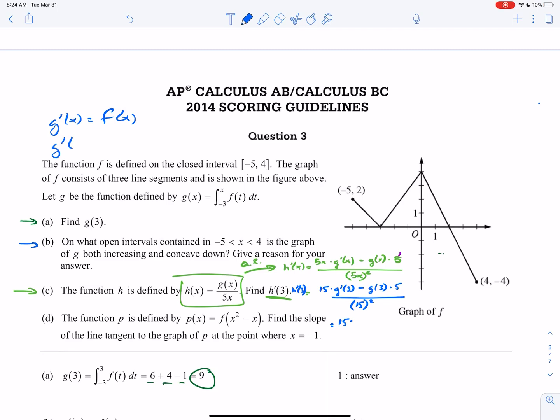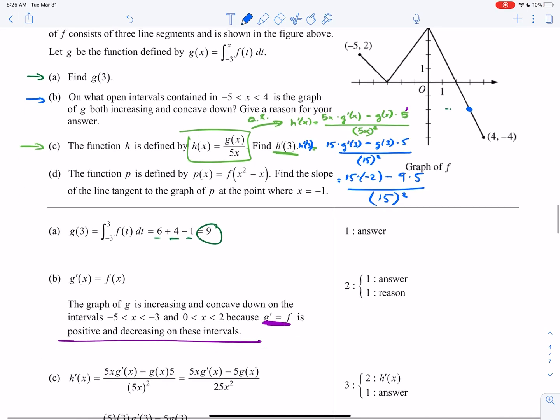So g prime of 3 is really just f of 3. f of 3 is on the graph right here in blue. That's just negative 2. Okay? So I'll put in negative 2 there. Times g of 3 is what you found out in part A, which is just 9. You could just leave it there. I wouldn't even simplify that part, okay?